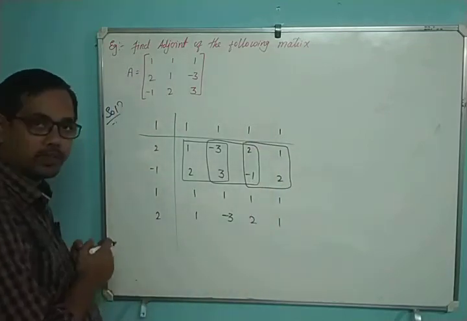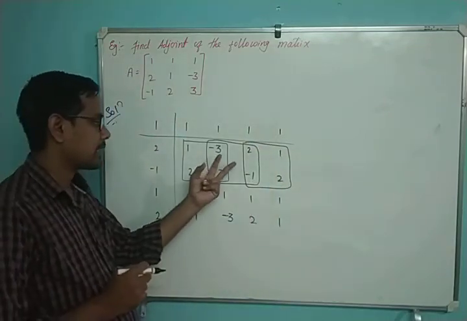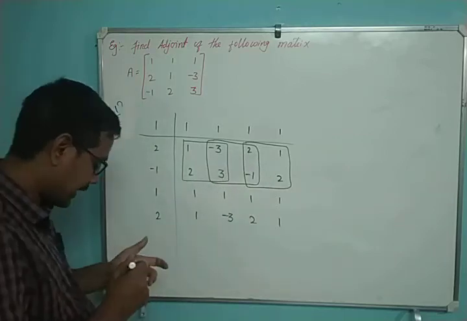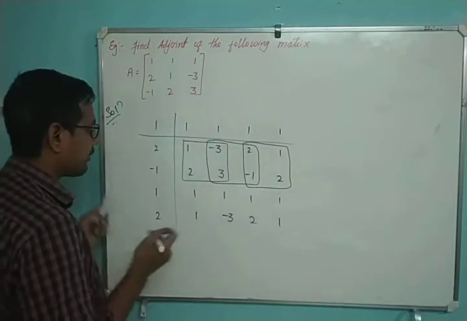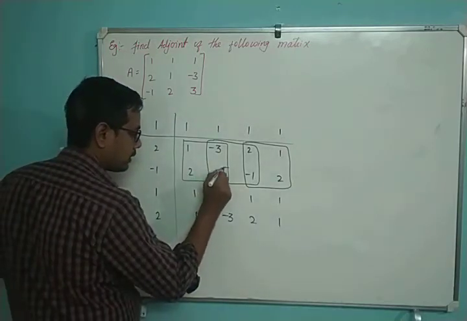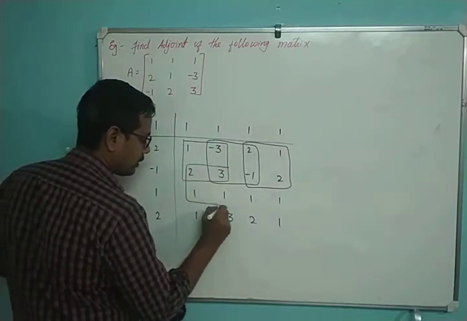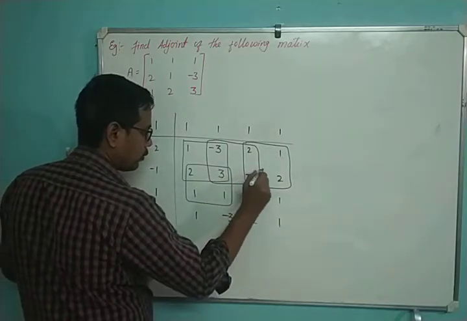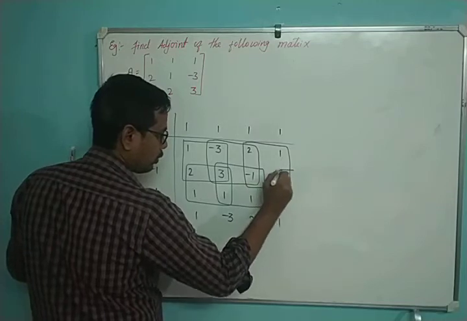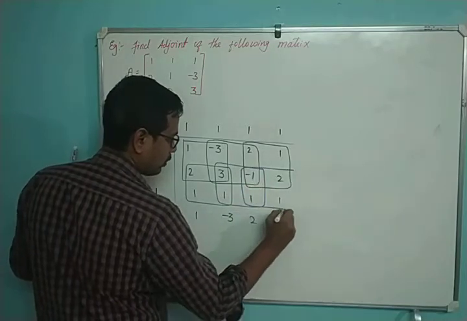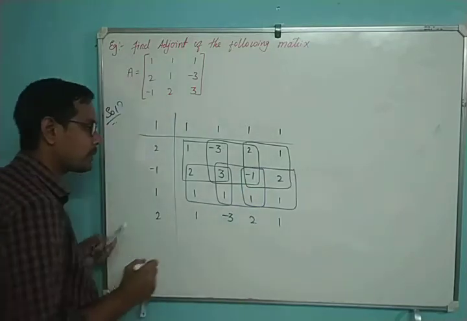These are 3 boxes. First box, second box, third box. Right? Similarly, here also you can form 3 boxes. 1, 2, 3. Right?